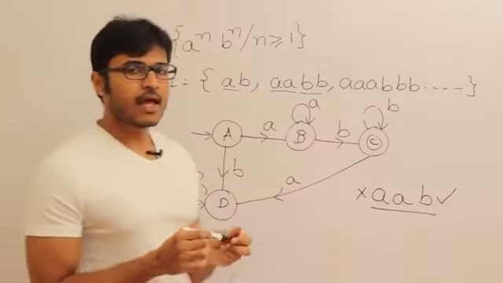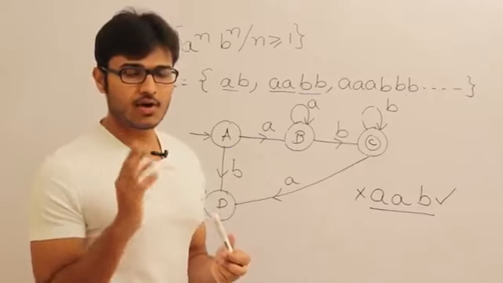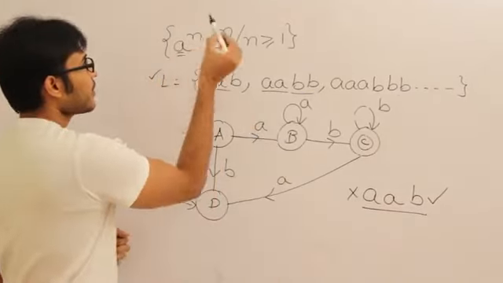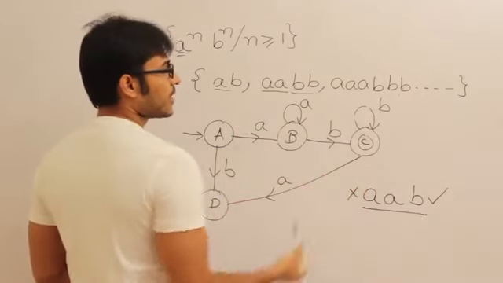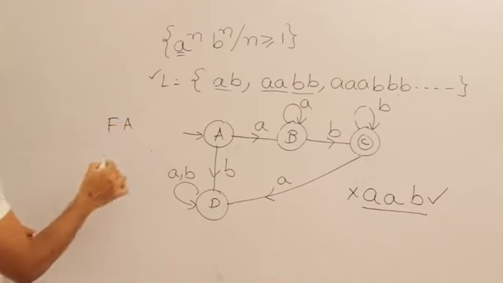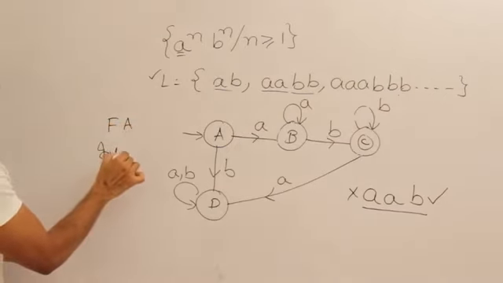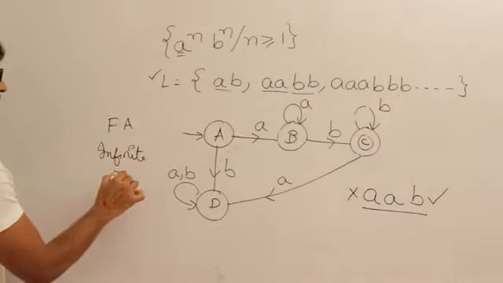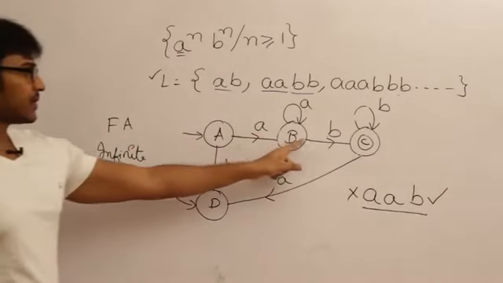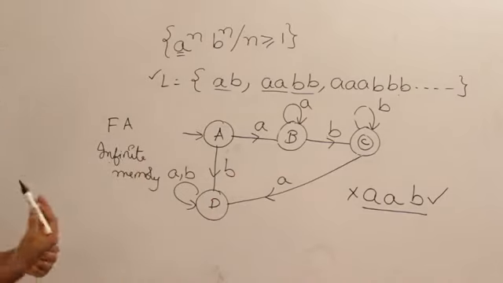What kind of counting? I can count 2 A's, I can count 3 A's, or I can count a finite number of A's. But if I have to count an infinite number of A's, I need an infinite amount of memory. Finite memory, yes, it is possible. Why? Every state can remember something, therefore it has some kind of finite memory.